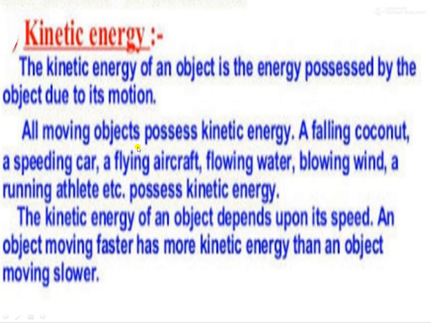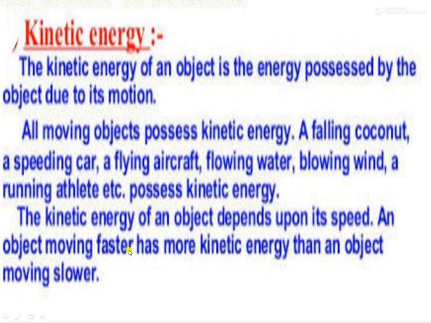All moving objects possess kinetic energy. A falling coconut, a speeding car, a flying aircraft, flowing water, blowing wind, a running athlete possess kinetic energy, and hence they are able to perform work. The kinetic energy of an object depends upon its speed, that is, velocity.